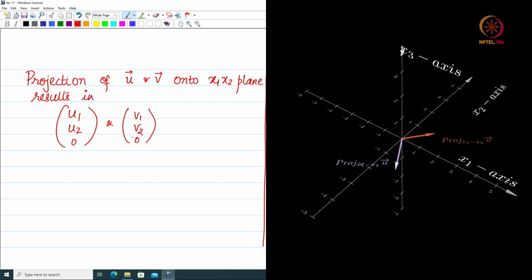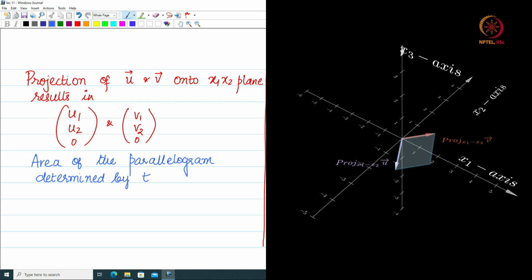Therefore we will have a parallelogram formed here, and the area of the parallelogram determined by these two vectors is given by, again, the cross product it works.